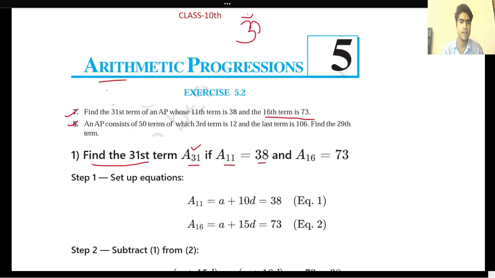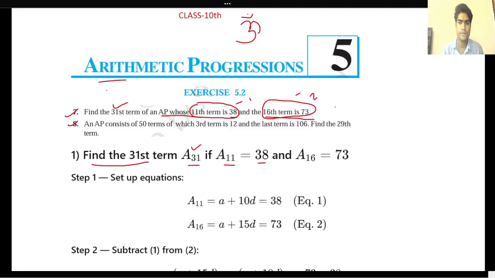So we have to find the 31st term, A31, and the AP's 11th term is given as 38 and the 16th term is 73. Basically we will make equation number 1 from the first and equation number 2 from the second.